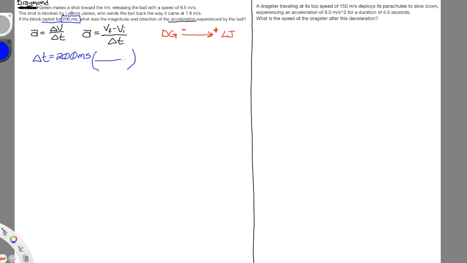So we're going to want to convert milliseconds into seconds. Milli means 10 to the negative 3, so 10 to the negative 3 seconds is 1 millisecond. Or if you prefer, 1,000 milliseconds is equal to 1 second. Either way, you'll get the same result of 0.2 seconds for our duration.